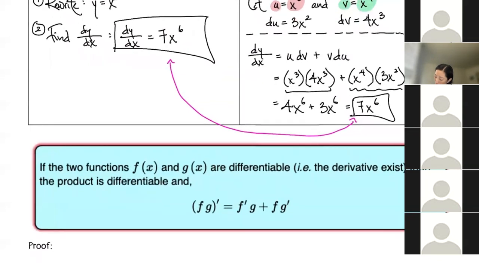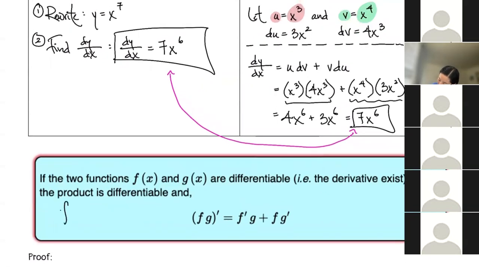So I just want to unpack this for a moment. In this case, instead of U and V, I have F and G, okay? How do I write the derivative of F using symbols?